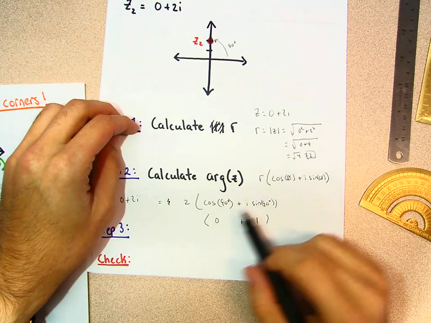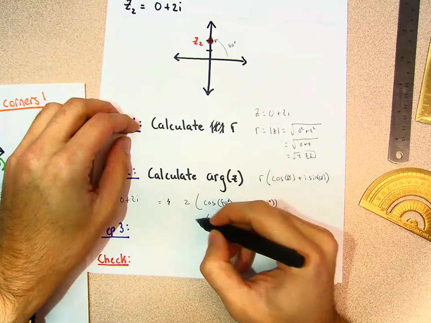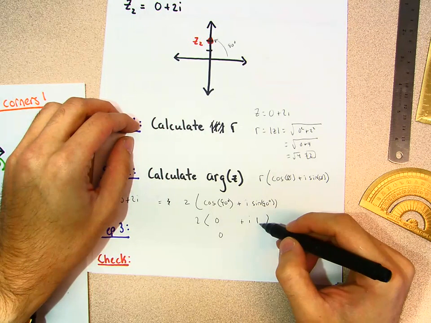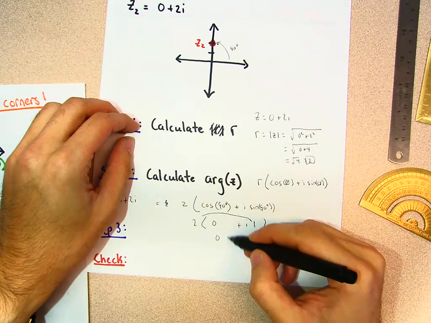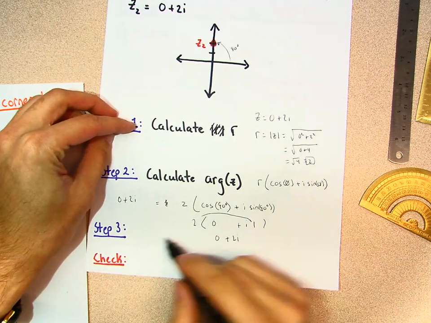Yeah, so cosine of 90 is 0, sine of 90 is 1, and when you multiply it out, 2 times 0 is 0, and 2 times 1i is just 2i. And notice how this is the same as that. Okay, and that's your check here.